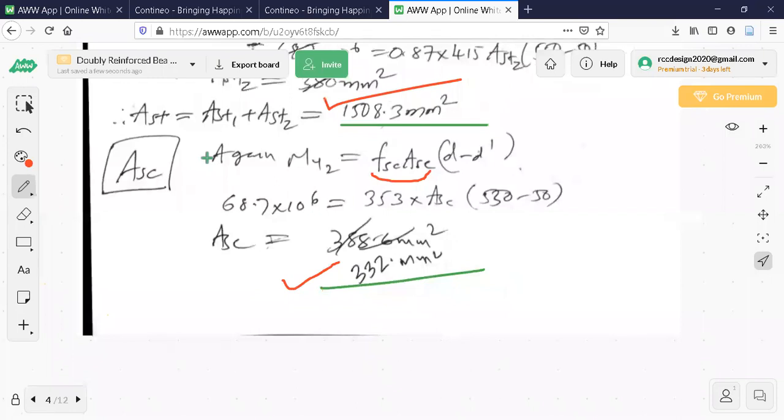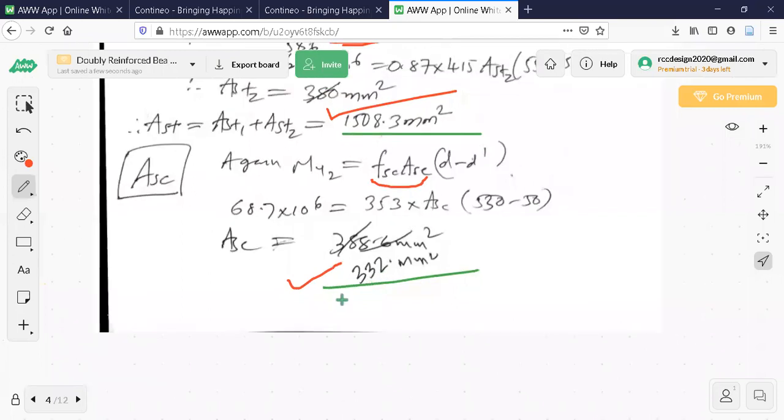You have to clearly mention I used table number so and so of SP16 and I have found this. It means you may not get the same number 1508, but you will end up with a number which is very close to this value. Again, ASC will be very close to this value. If they are not very close, some calculation error may be there in my calculations. We shall see that one.